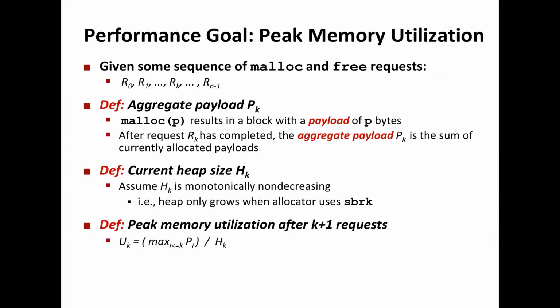So the second goal is the peak memory utilization. The first one was throughput, and now we want to have memory utilization. Again, we want to have both. We don't want just a fast memory allocator that wastes a lot of memory, or one that is very efficient in terms of memory but works so slowly that it's completely useless.